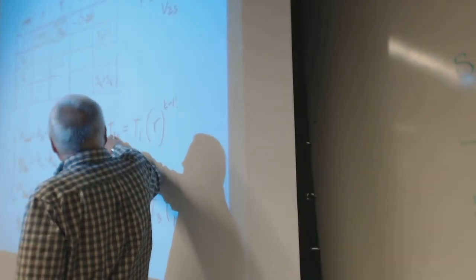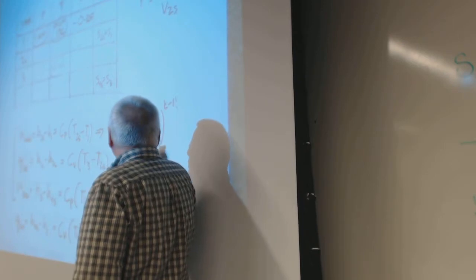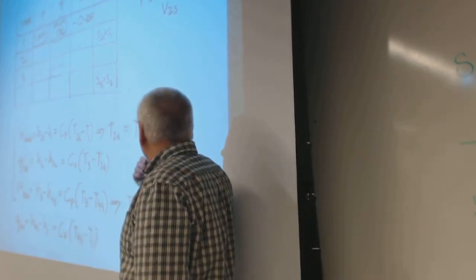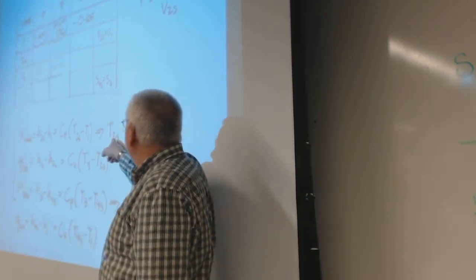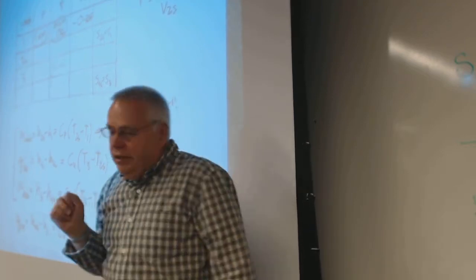So here's the case. Compression ratio is V1 to V2. The ratio of temperatures to volumes for an isentropic process is T2 is going to be T1 times the compression ratio to the K minus 1 exponent, where K is our ratio of specific heats.